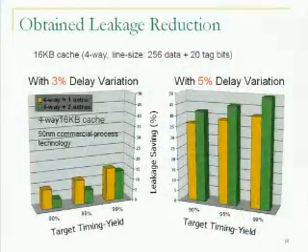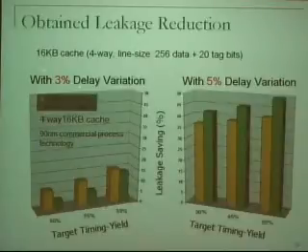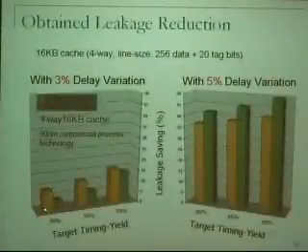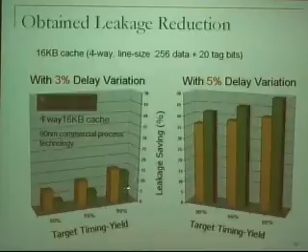Depending on the amount of delay variation, which has been shown to be around 3% in 90 nanometer technology, you can get some leakage saving as shown here. With one additional cache way, you can get these values, and the second one, the green one, shows 2 additional cache ways. But if you have 5% delay variation, you can get more leakage saving even in the case of 2 additional cache ways.